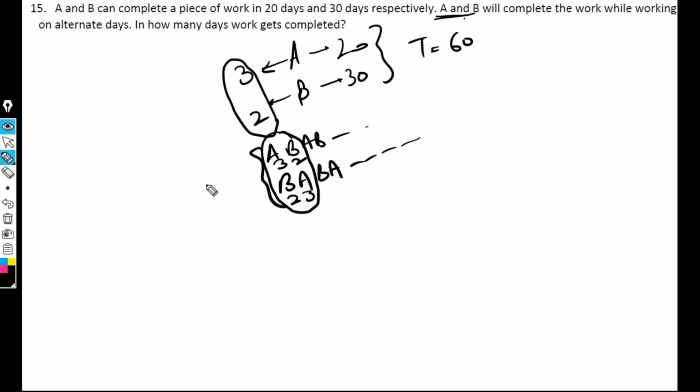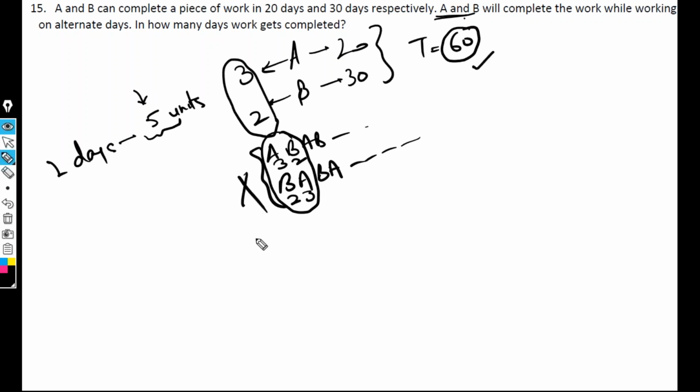In either case, in 2 days, the work which is getting completed is 5 units. Please keep in mind, if the total work is divisible by this part, or in other words, if this is a factor of this number, in that case, order does not matter who starts first.